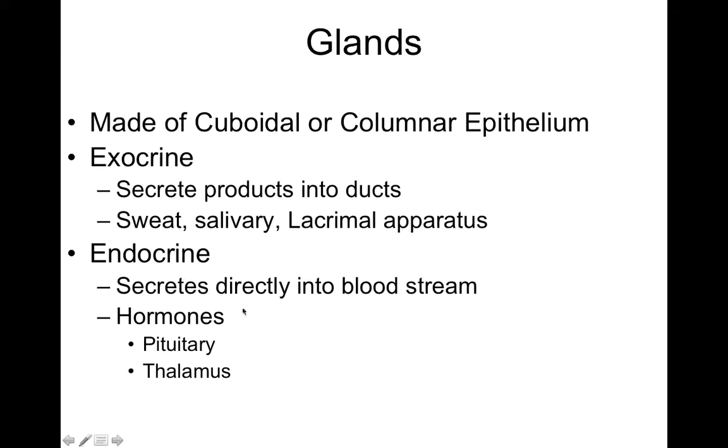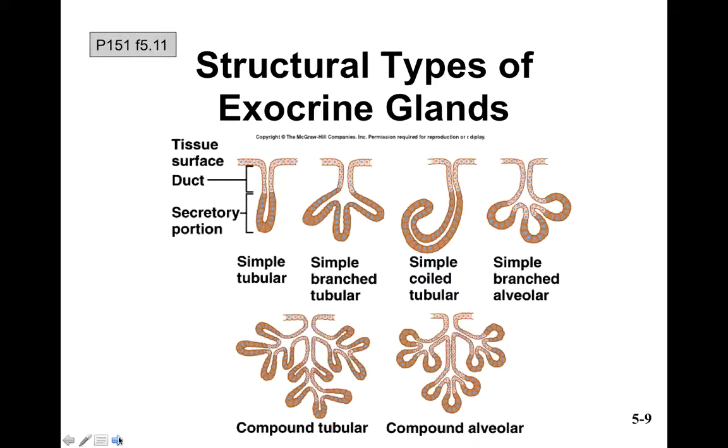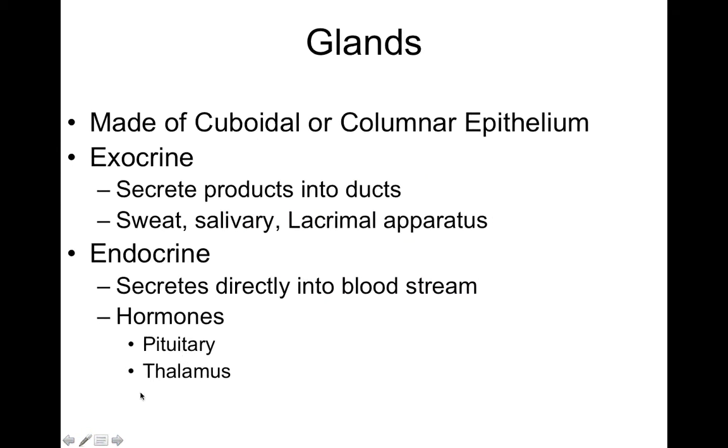Endocrine glands secrete hormones directly into the bloodstream. Okay, so they're not going to secrete generally through a tube, but they are going to secrete into the bloodstream. So the pituitary and the thalamus are 2 good examples of endocrine glands. Sorry, I should say hypothalamus.